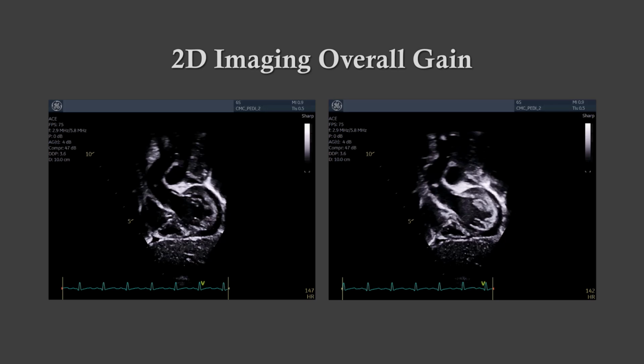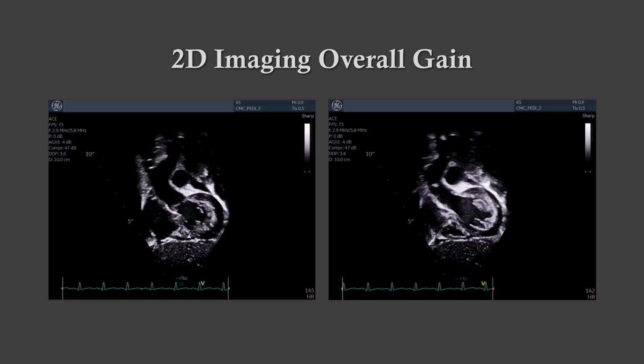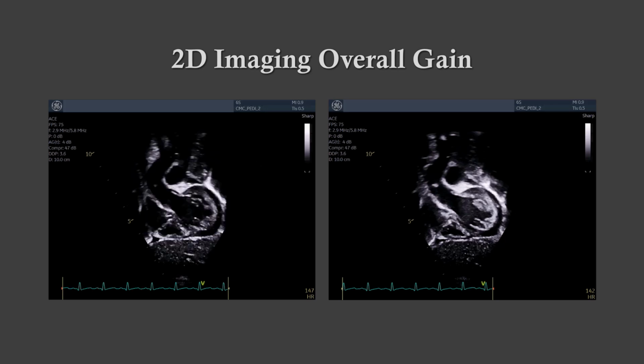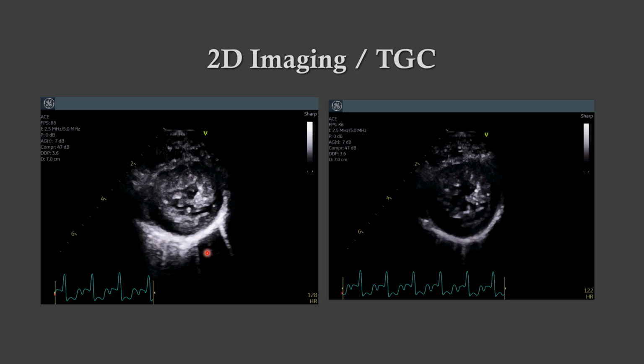See how much prettier the image on the left-hand side is. We can see in these examples how the use of TGC can correct the overgained lower portion of the first clip we see here, too bright, and gives us more balanced 2D image here on the right-hand side.